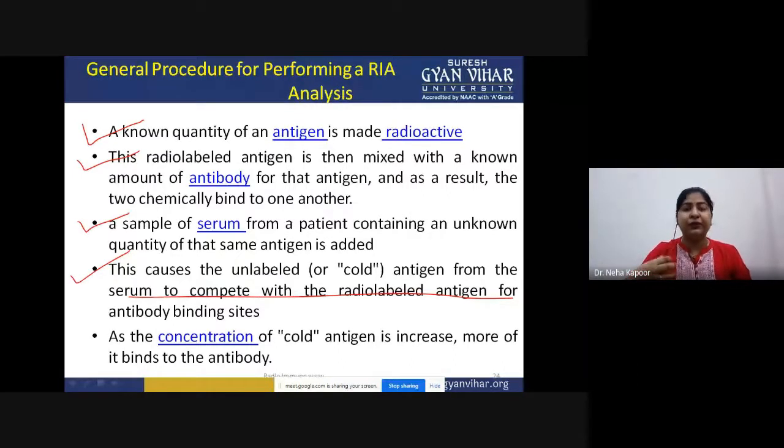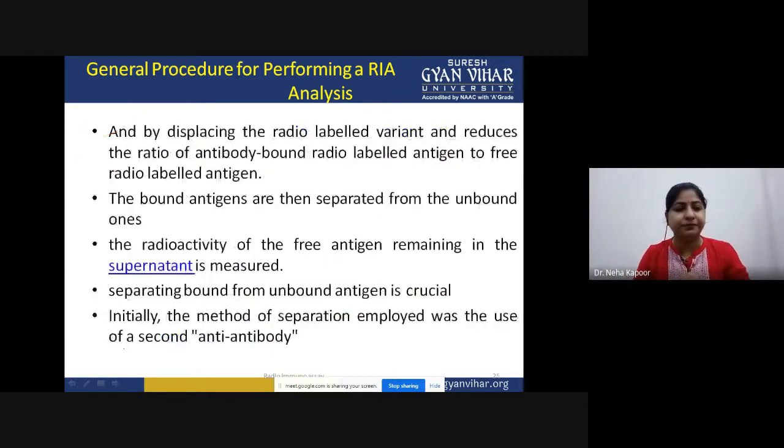If the patient serum has a very high concentration of antigen, or the antigen load is way higher, the labeled antigens would be displaced and the unlabeled antigen will capture the antibody binding sites.